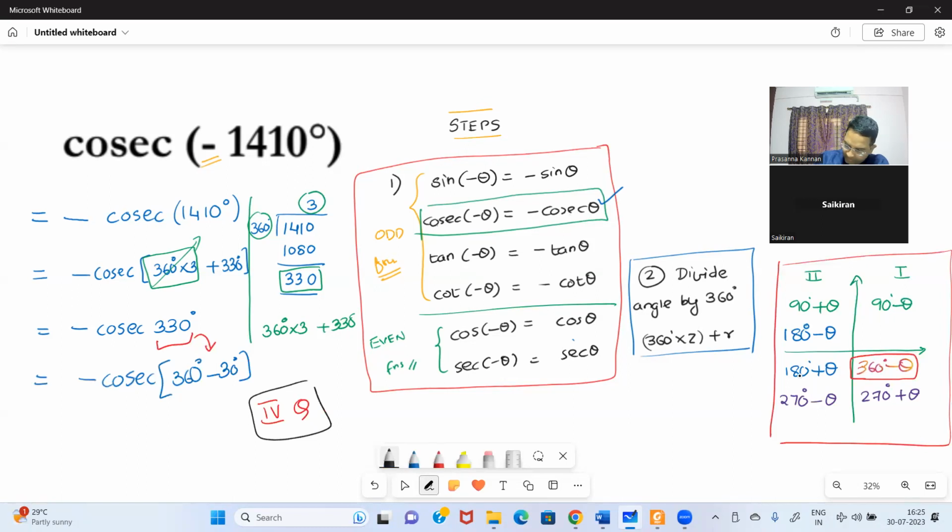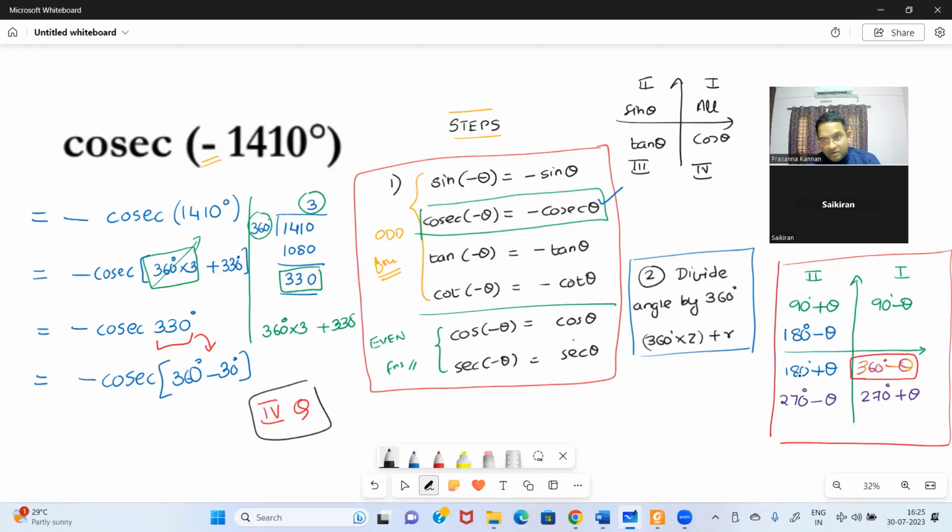Now come to this. I told you, right? First quadrant, which is positive? All. Second quadrant, which is positive? Sin theta, and cosecant. Third quadrant, which is positive? Tan. Fourth quadrant, what is positive?